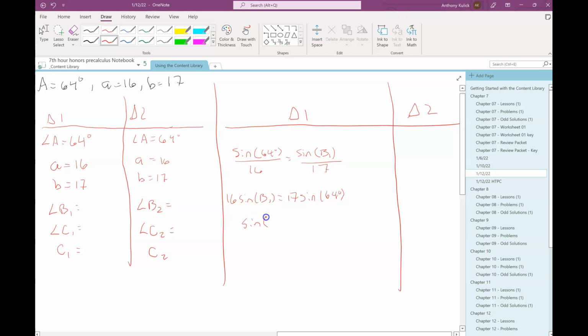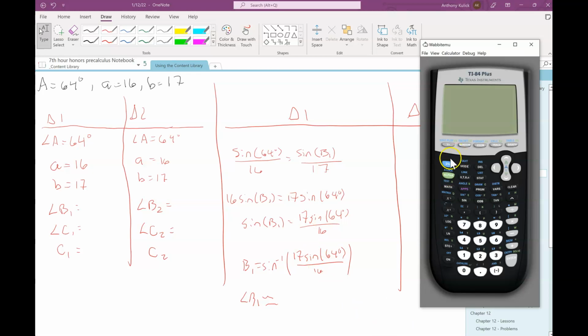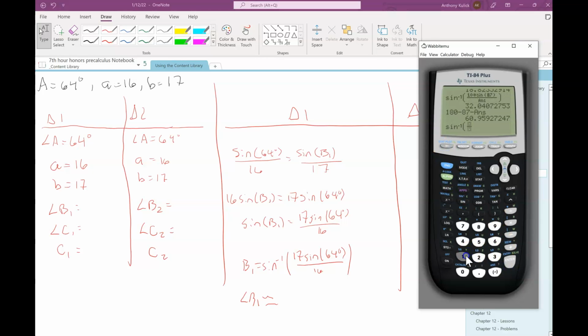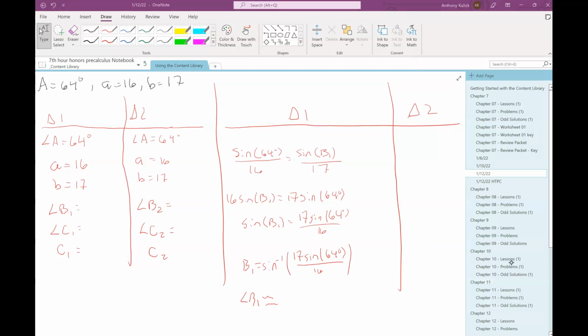I divide both sides by 16, and then do the sine inverse to both sides. So when I type this into my calculator, I get 72.74.